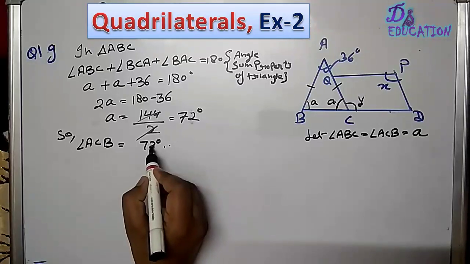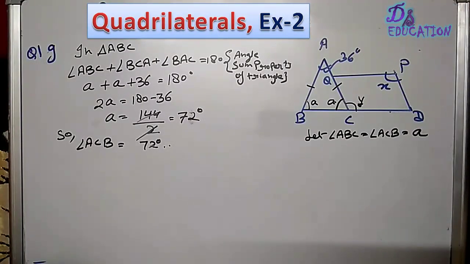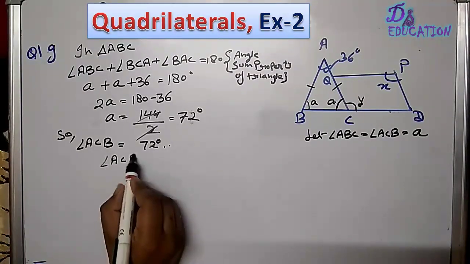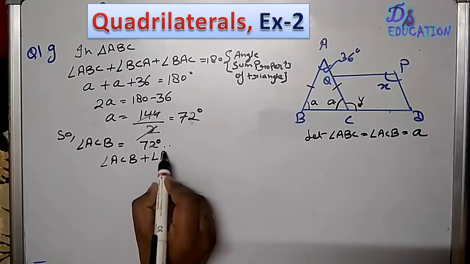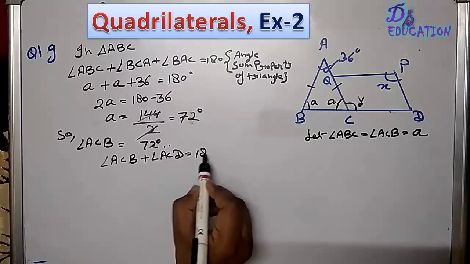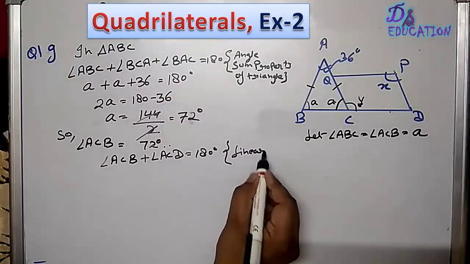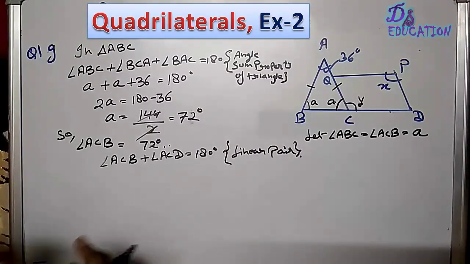Now if you know the properties of linear pairs on the same base, that is angle ACB plus angle ACD is equal to 180 degree. What is this? This is linear pairs. The sum of two angles on the same base is equal to 180 degree.